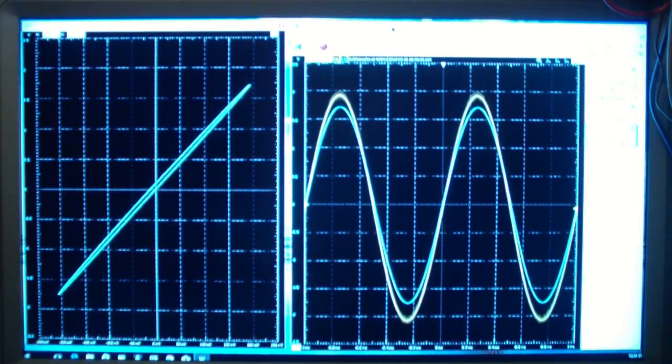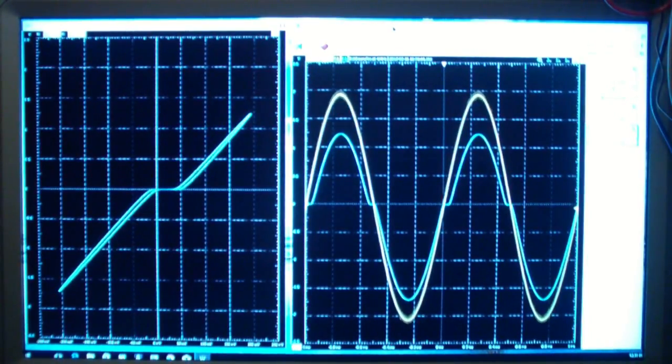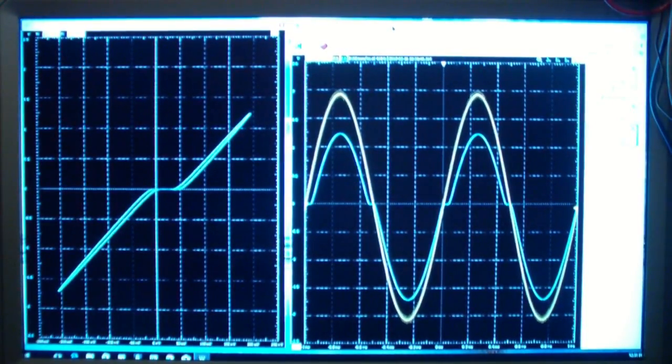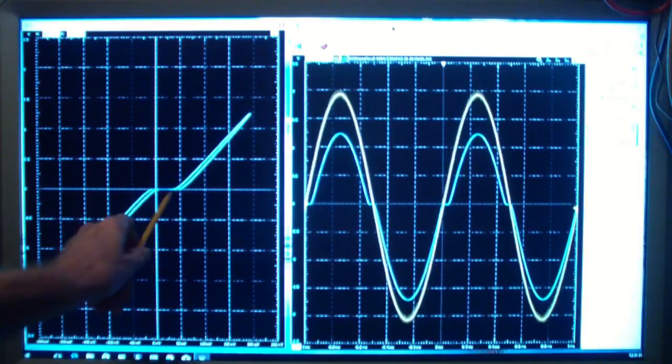What I want to do now, however, is short out one of the diodes in the AB output stage. You notice that there is severe crossover distortion shown here.